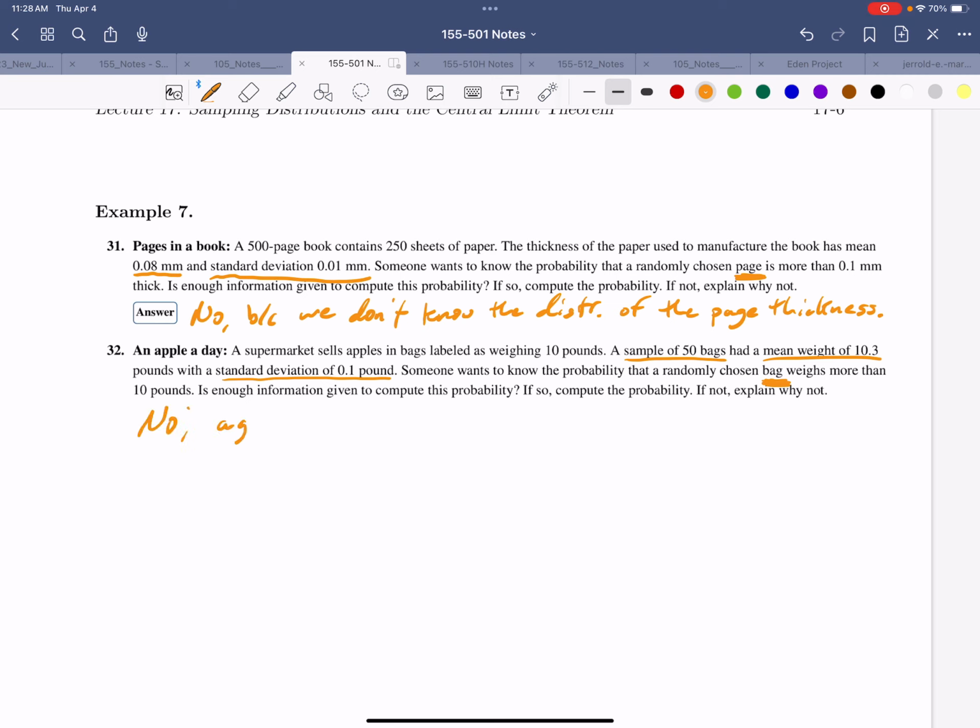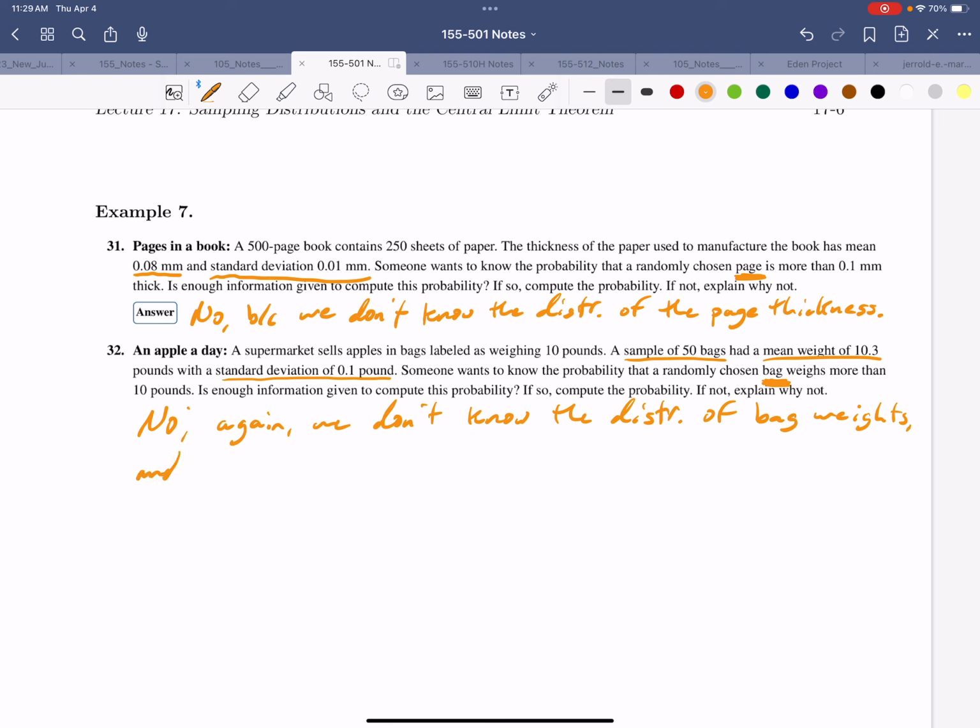No. Again, we don't know the distribution of bag weights. If they had said that it was approximately normal, then we could. Or if they said, someone wants to know the probability that a randomly chosen sample of 50 bags weighs more than 10 pounds, well, then we could talk about it. But again, if we're talking about a single bag, we can't do it.